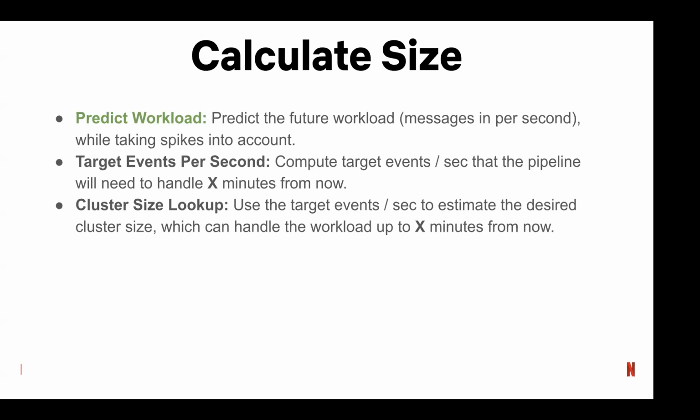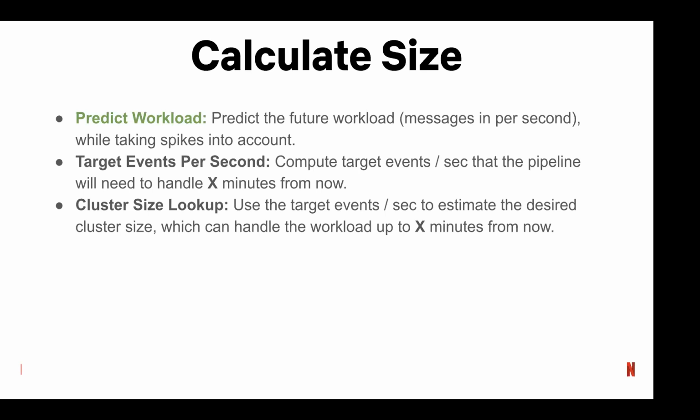So when calculating the new desired cluster size, there are 3 more steps to do that. The first step is to predict the future workload by fitting a regression function to the historical incoming event rate for the source topic and using that regression function to predict what the future event rate for the source topic will be.